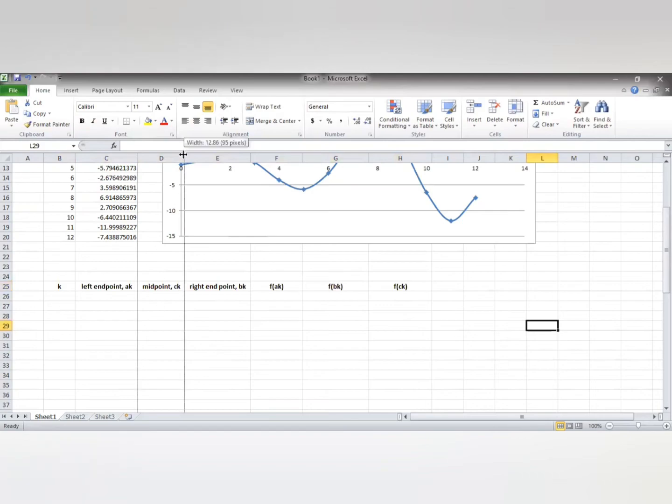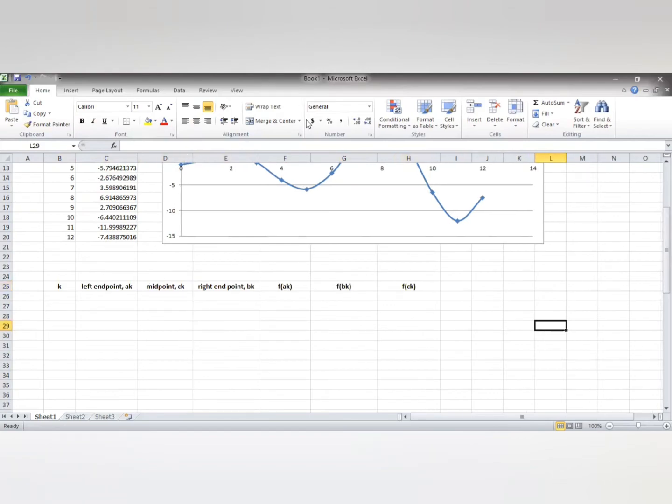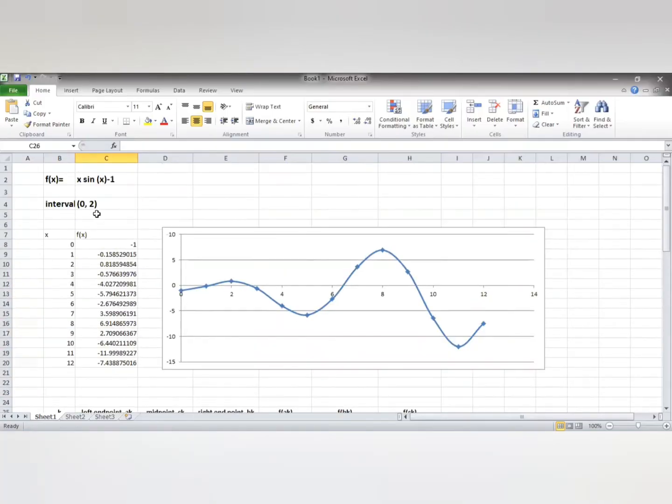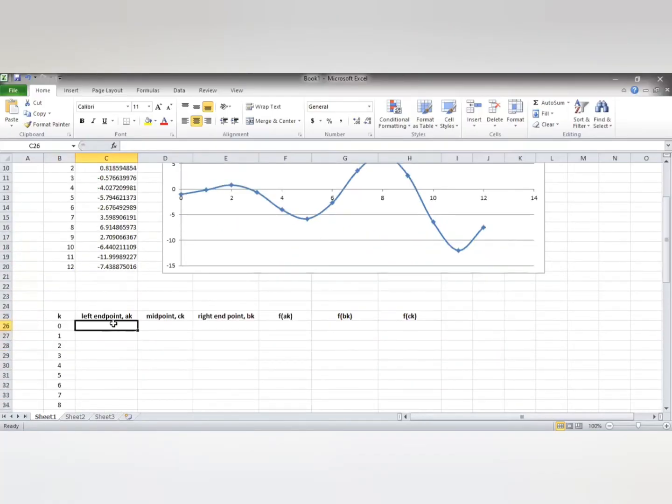Now I have to input the values. Here is the number of iteration, so I put 1 plus the cell equal to 0, then I drag. It's up to you how many iterations you are going to use. Then for the left endpoint, since our interval is from 0 to 2, I write 0 for my left endpoint, and for my right endpoint I have 2.